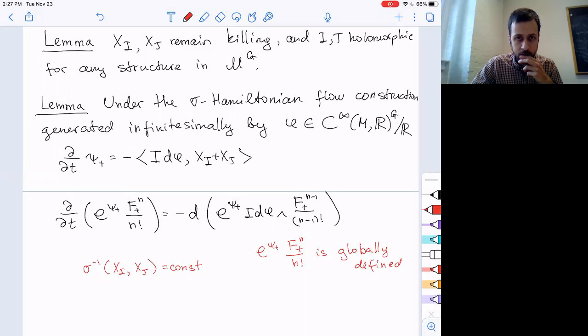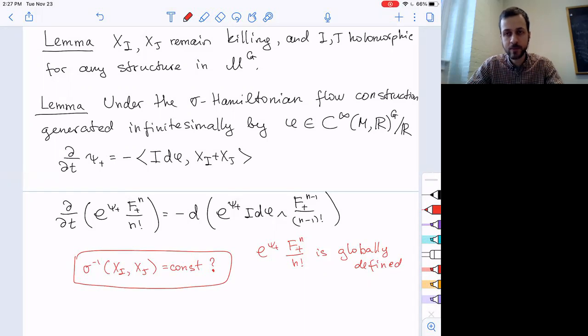I need to double check, even this I'm not sure. This is my guess. What would be the analog in higher dimensions? Does that answer your question somewhat? Yeah, thanks.